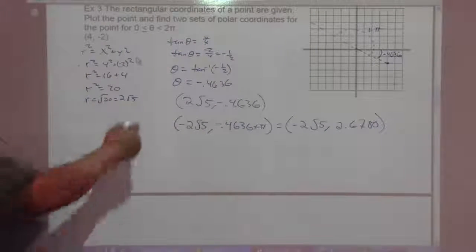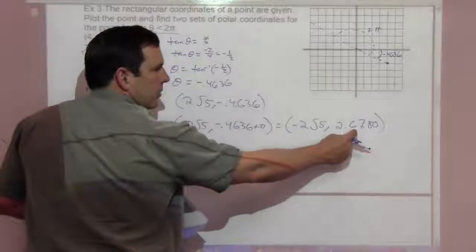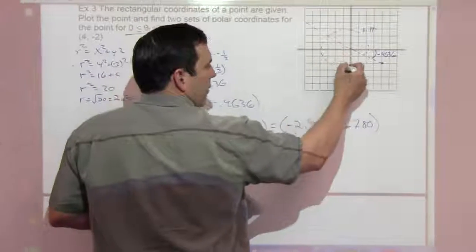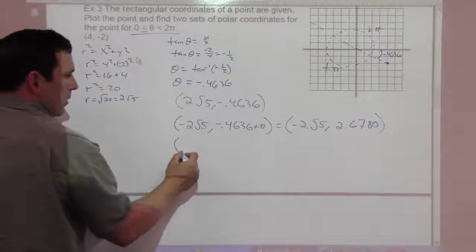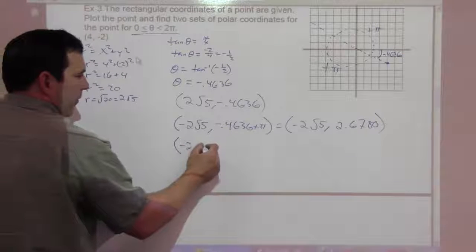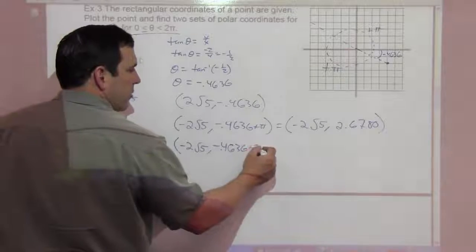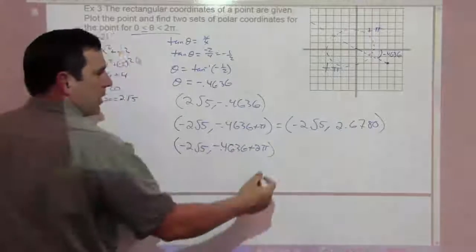Now this asks for two values between 0 and 2 pi. This is the only one for theta being between 0 and 2 pi. This one is less than 0. So we're going to go further again, plus pi. So we'll take that negative 2 root 5 comma negative 0.4636 plus 2 pi this time, because that's plus pi, it's 2 pi later.